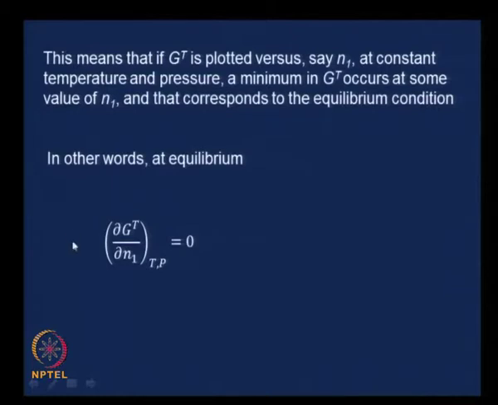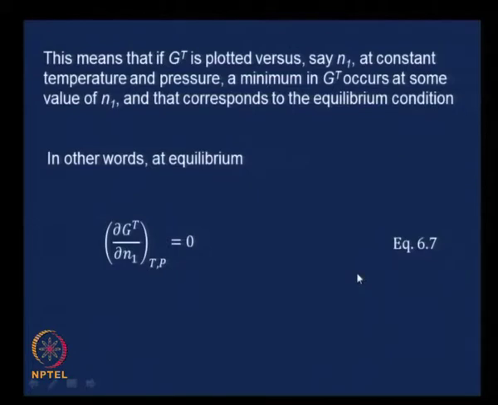This is just a mathematical statement of the fact that the Gibbs free energy of a system is minimum at equilibrium. Therefore, the slope of the GT versus N1 curve goes to 0 at that particular point. It is a minimum, and therefore the slope goes to 0. Let us call this equation 6.7.